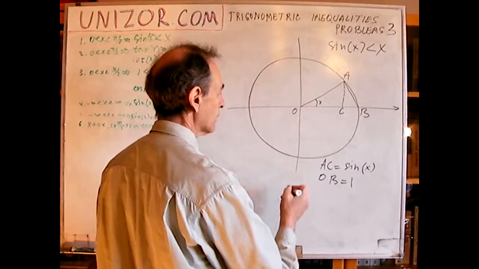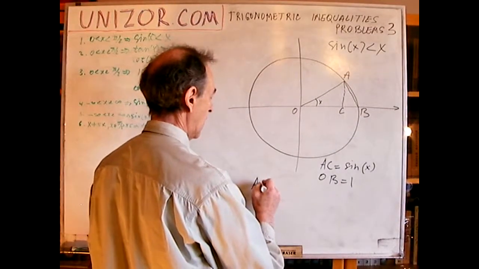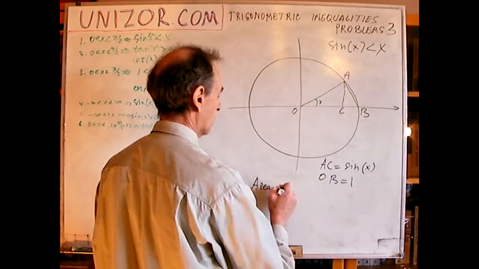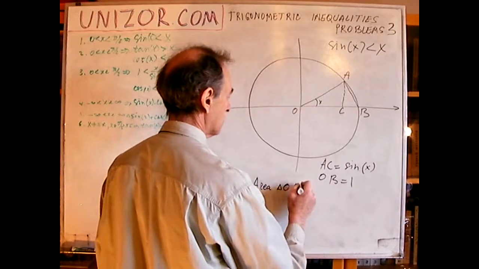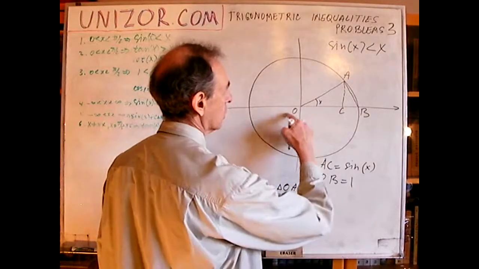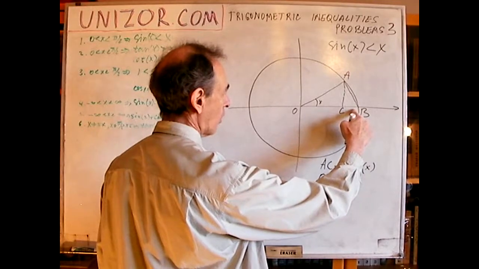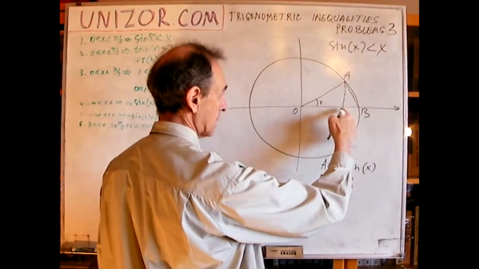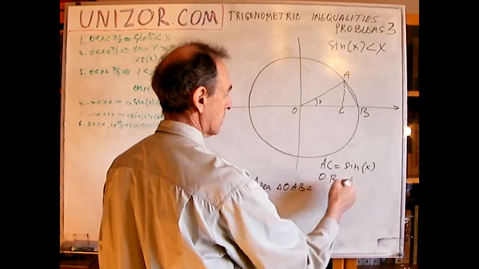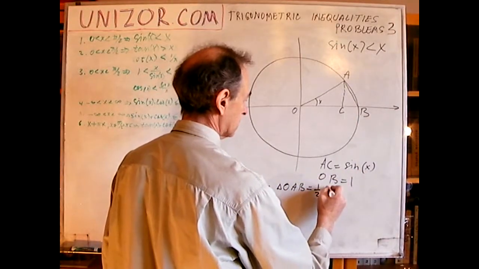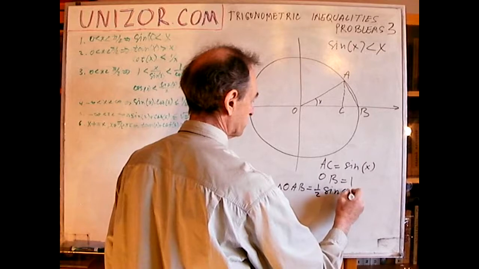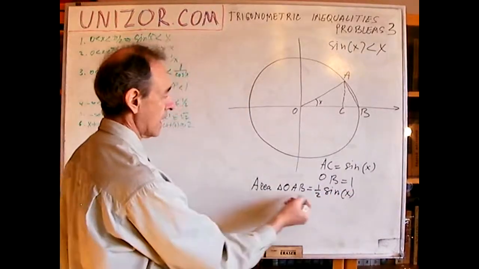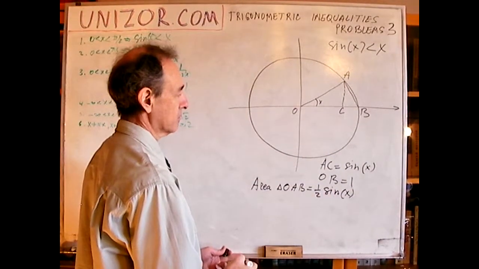So the area of the triangle OAB is equal to the base, which is OB, which is 1, times the altitude, which is AC, which is sine of x, and 1/2 of this, right? So that's the area of triangle OAB.